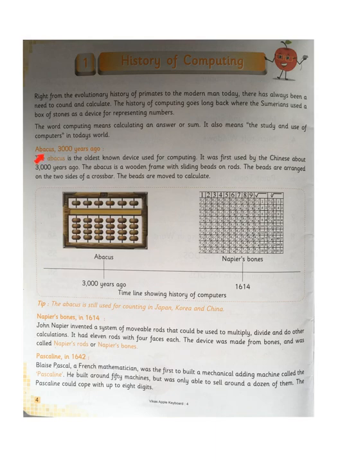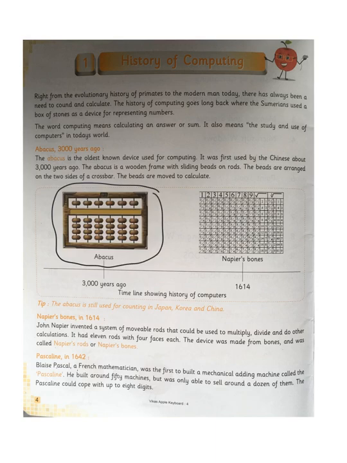So the first machine, the abacus, 3000 years ago. The abacus is the oldest known device used for computing. So the oldest machine that we have a record of humans using is called the abacus. You can see its picture on the screen. This is how an abacus looks.